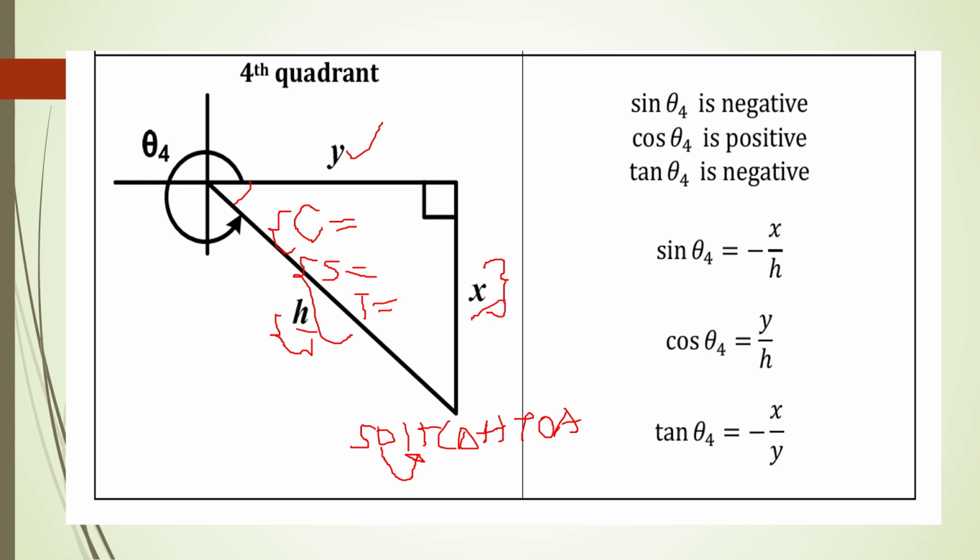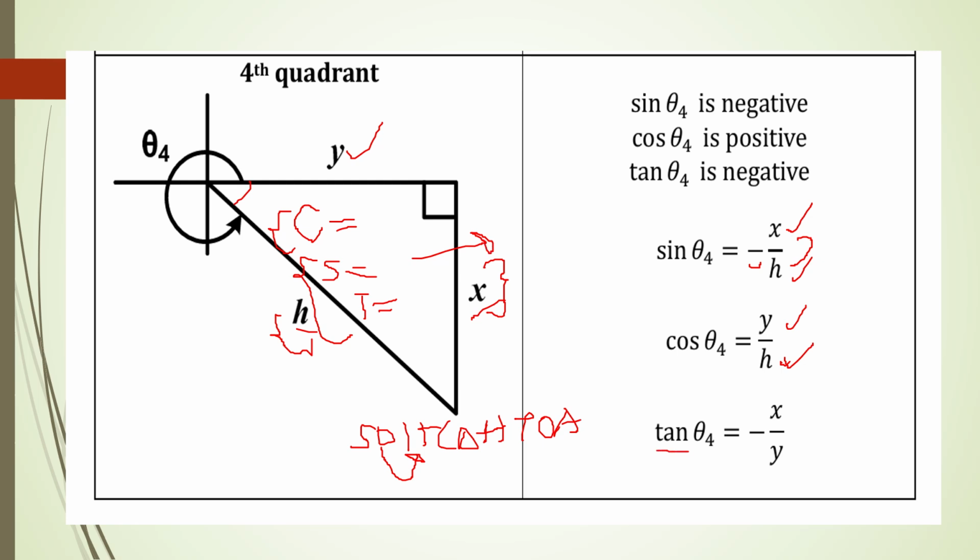But remember that for this case, it's only cos which is positive, so we have to put a negative onto our ratio. So it's going to be negative x over h, x being our opposite and h being our hypotenuse. Cos is the same as adjacent divided by hypotenuse, and our adjacent is y divided by our hypotenuse, which is h. But for this case, we didn't put a negative sign simply because in the fourth quadrant, it's only cos which is positive.